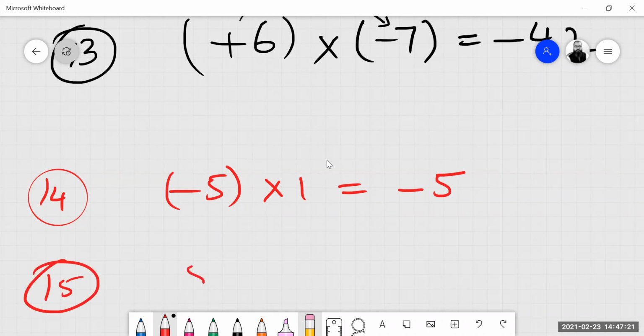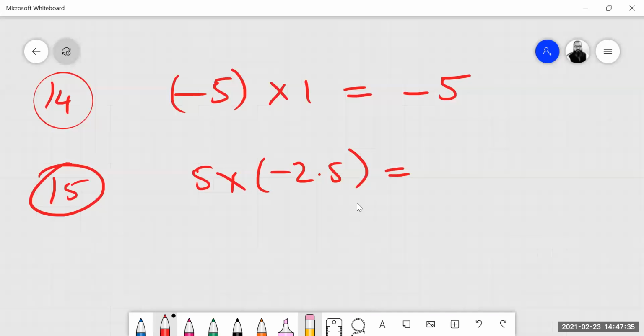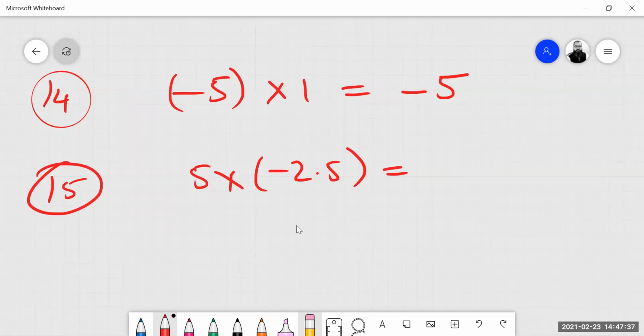Question number 15. 5 multiply by minus 2.5. Is that correct?